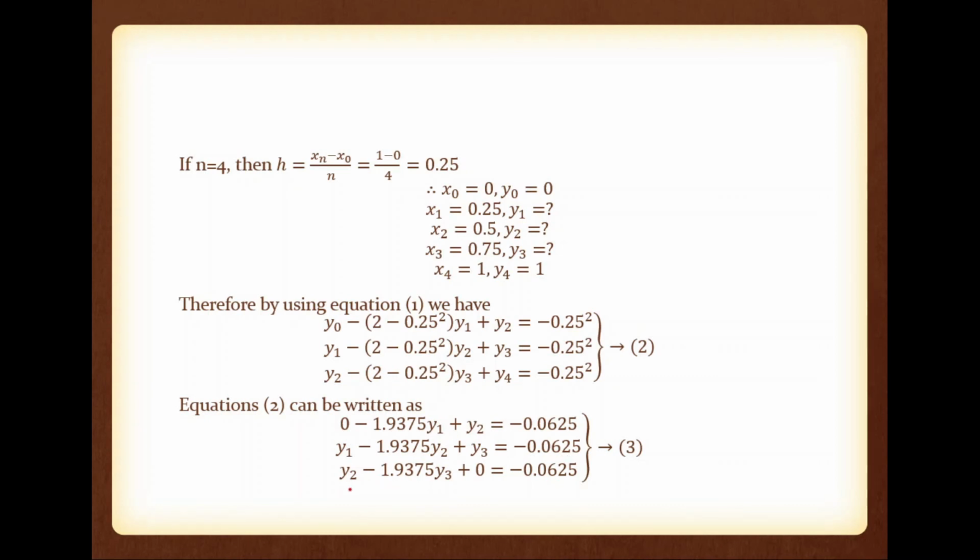The last row has no y1, so 0, then 1, minus 1.9375, and the last element is minus 0.0625.